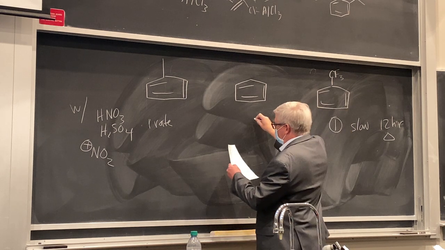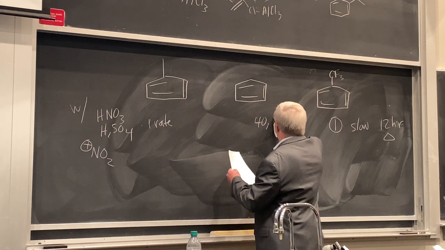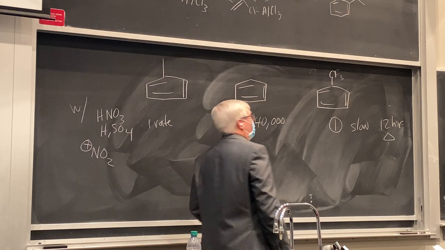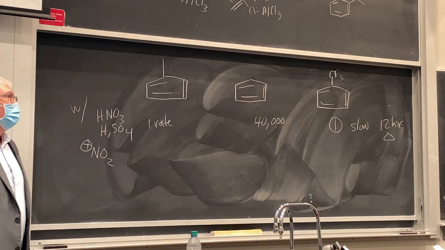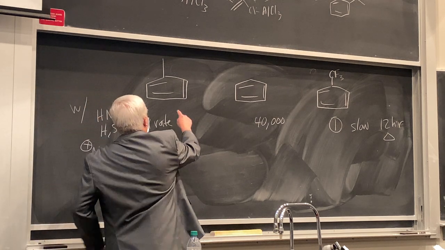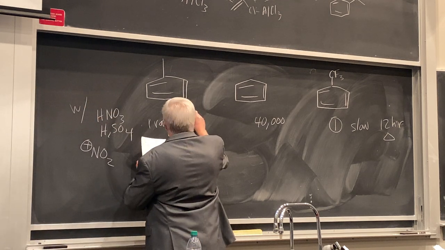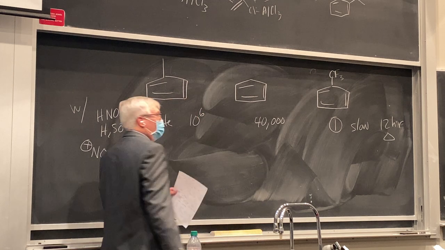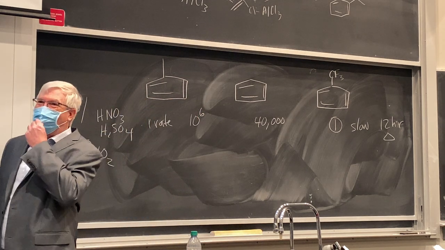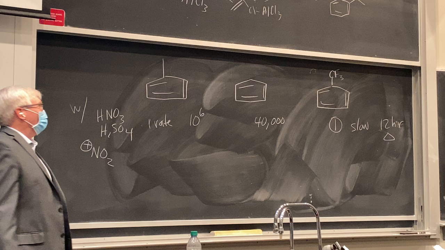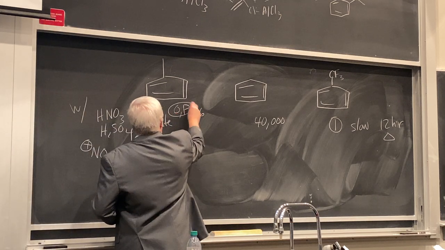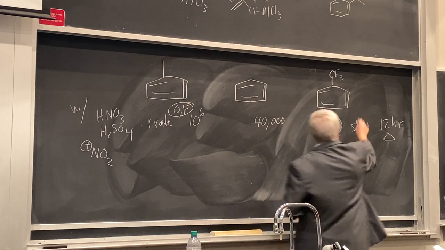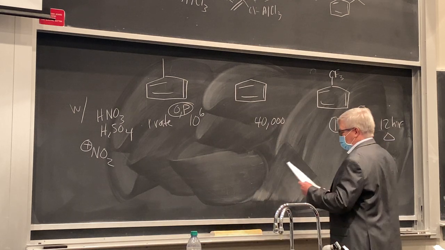This one is 40,000 times faster than trifluorotoluene, and then the relative rate of this one is 1,000,000 times faster. Okay, and this one will give ortho-para products major, and this one will give the meta product major.